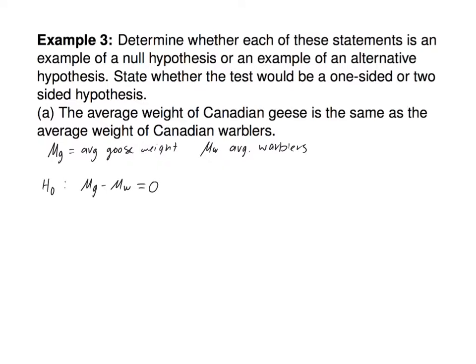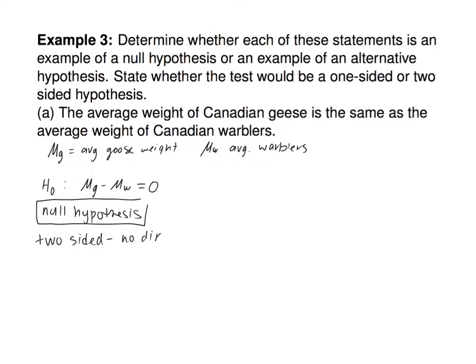So this is a null hypothesis. If you say the word null or put the symbol H naught, both things are fine. Okay, either one's okay. Would the test be one-sided or two-sided? Did they specify a direction? No, so then it's two-sided. So two-sided, no direction specified.